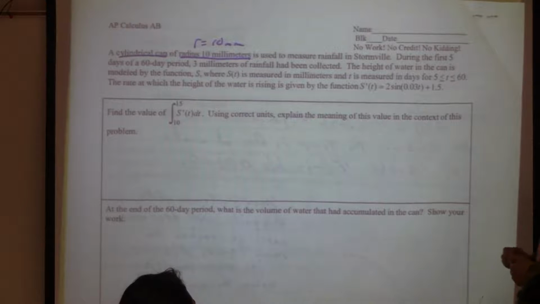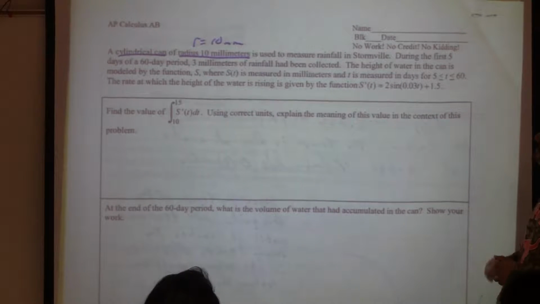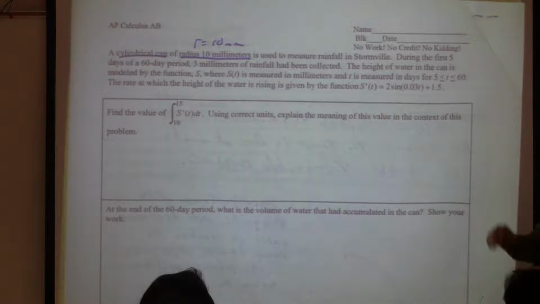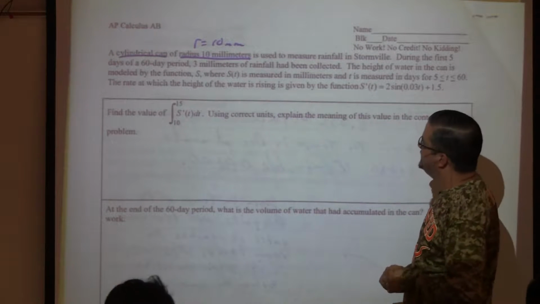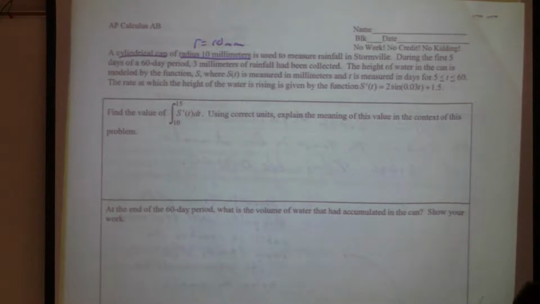So it says during the first 5 days of a 60-day period, 3 millimeters of rainfall had been collected. So do we already know how much was collected for those first 5 days? Yeah, 3 millimeters, okay? It says the height of the water in the can is modeled by the function S. S of t is measured in millimeters and t is measured in days.